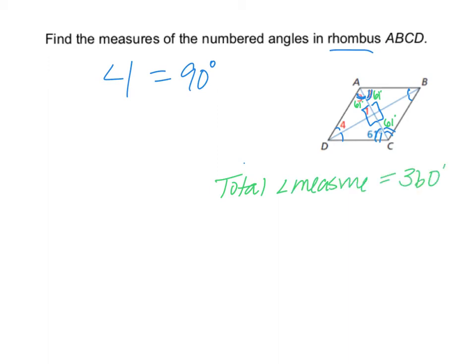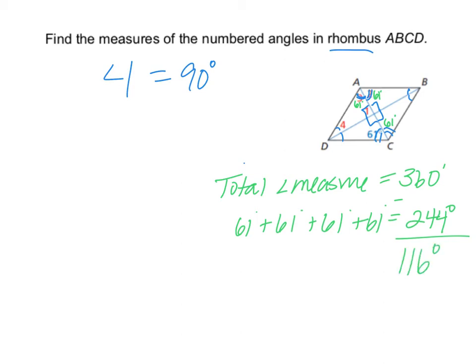And right now we've got 61 plus 61 plus 61 plus 61. So right now we have 244 degrees between angle A and angle C. So if we subtract that, we are left over with 116 degrees. And we know that has to be split up between angle B and angle D.